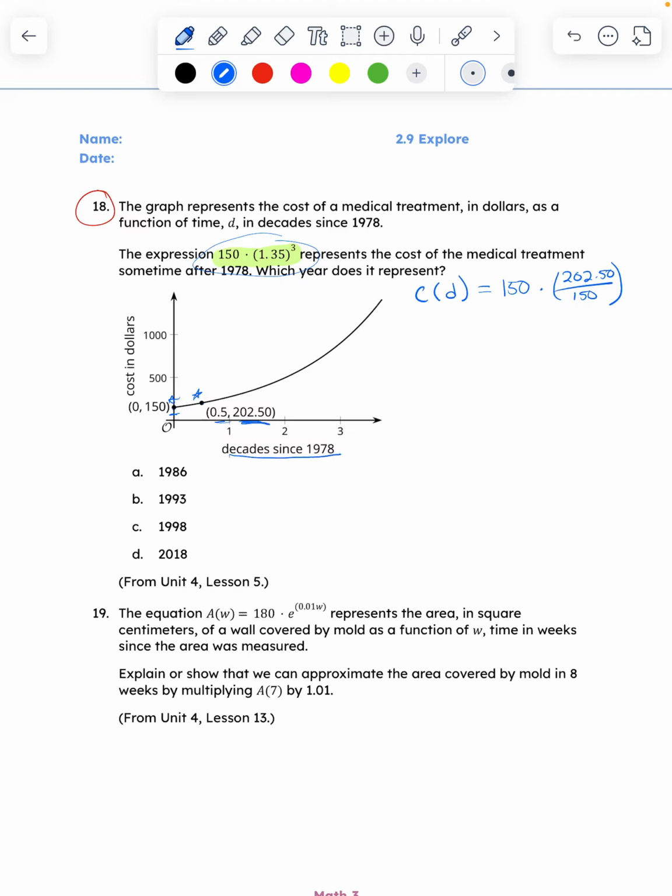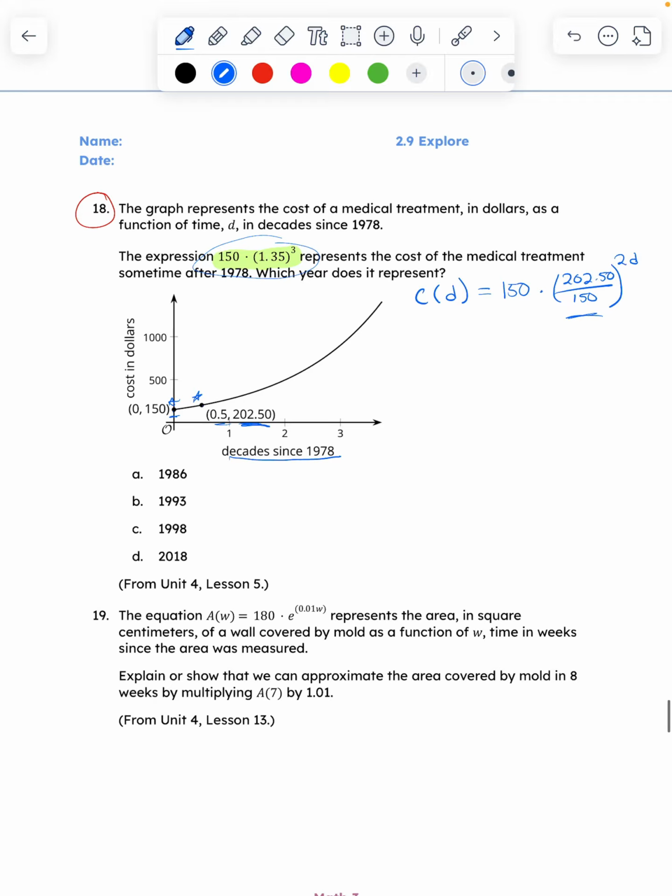So if I have half a decade, I'm going to cover 2 of those to create a decade. So my exponent will be 2 times decades. Right? And in general, if I have to do my multiplication of this factor more times in order to cover a whole decade, then this exponent should get bigger. And if I have to do it less times, it should get smaller.